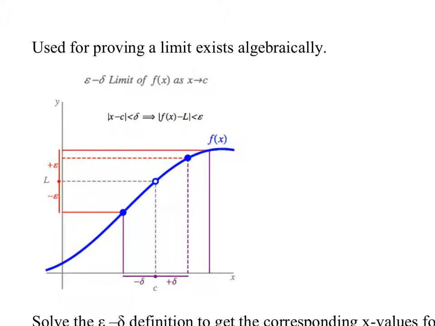Is this a highlighter? All right, so x minus c is less than delta. So let's take a look at that algebraically for a second. X minus c less than, I might have said epsilon, I meant to say delta.